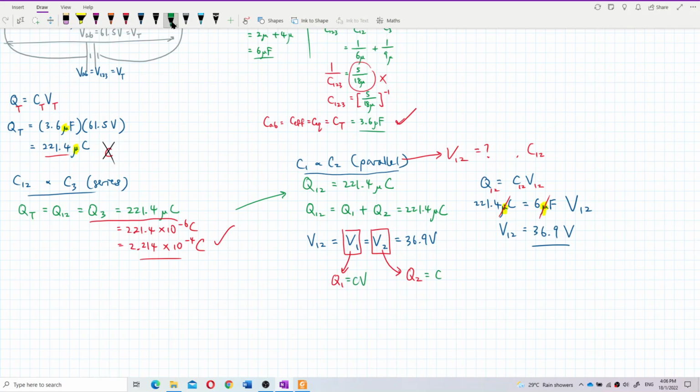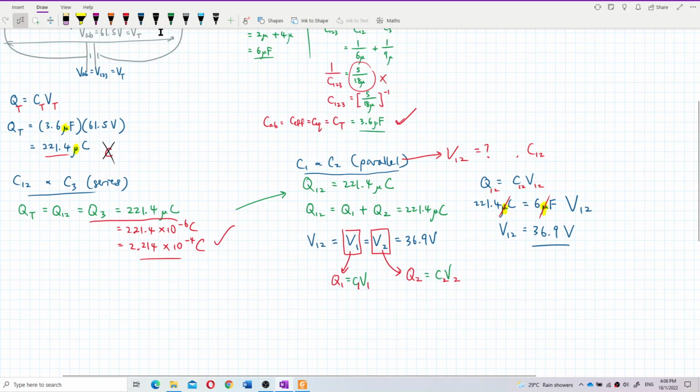This one also Q equal to CV. Since this is Q1, this must be C1, this must be V1. This one is Q2, so this must be C2, this must be V2. Understand? So Q1 equal to C1 V1, Q2 equal to C2 V2.